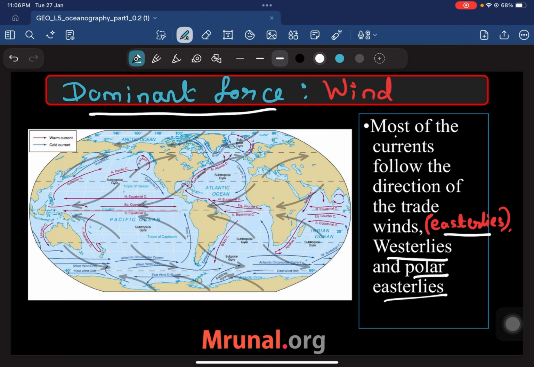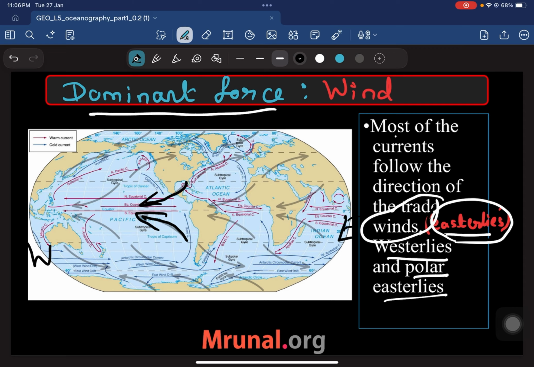Now, if the wind is moving from, this is east, right? Here east is there, here west, right? If the wind is moving from east to west, then these winds are called easterlies, or trade winds.